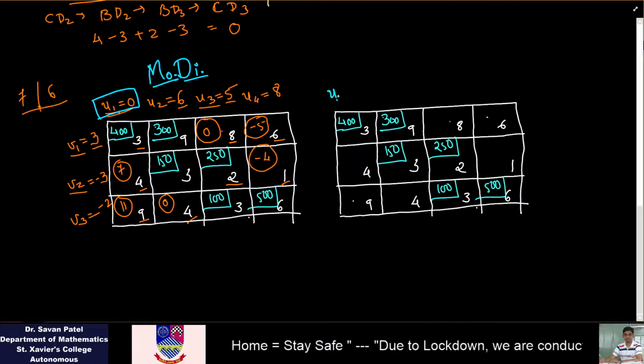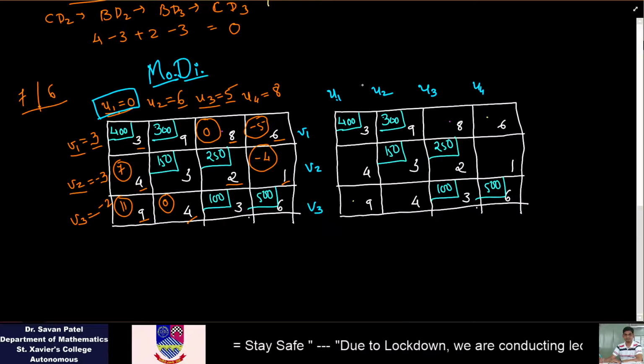So here you are having u1, u2, u3, u4, v1, v2 and v3. Instead of u1 you want something else to be 0. So let u3 be 0. If u3 is 0, you want u3 plus v2 to be 2.